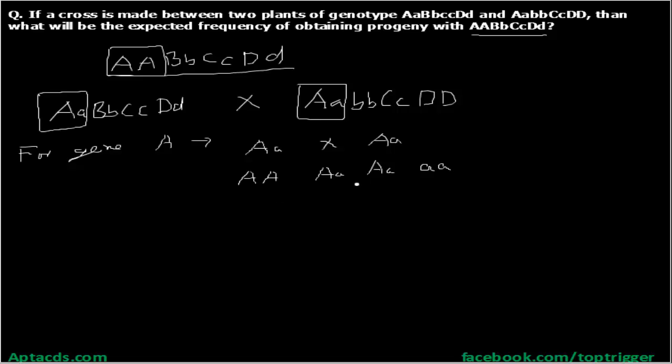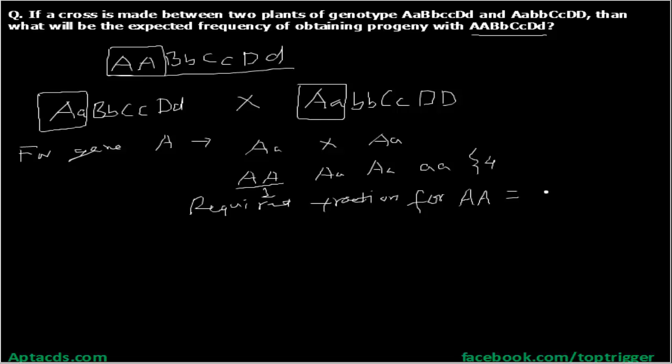So the required fraction for capital A and capital A will be, this is 1 out of the total 4, so this will become 1 by 4.